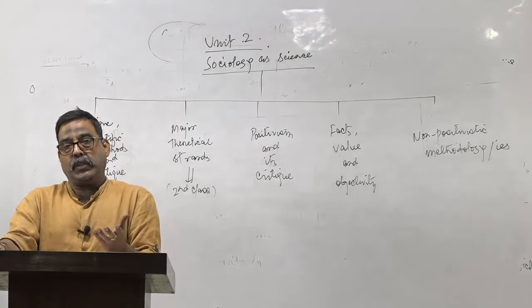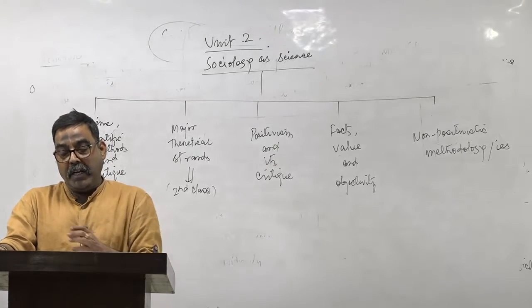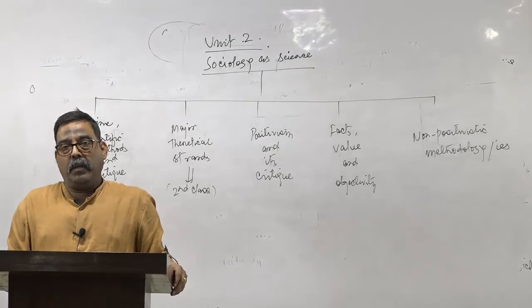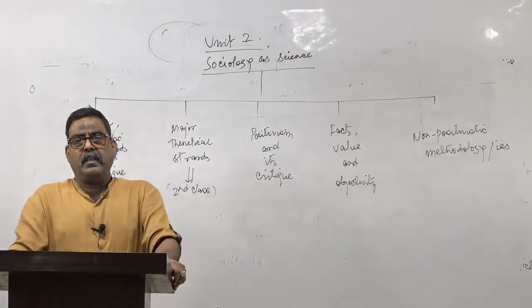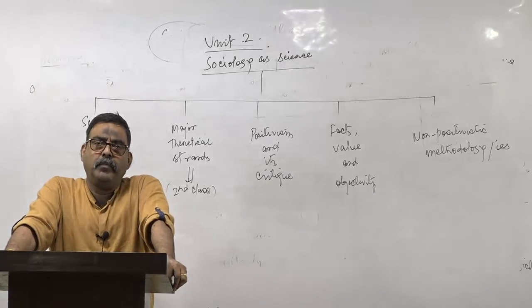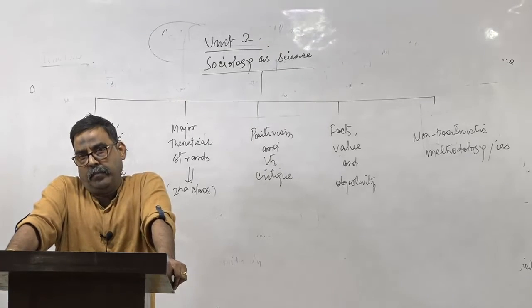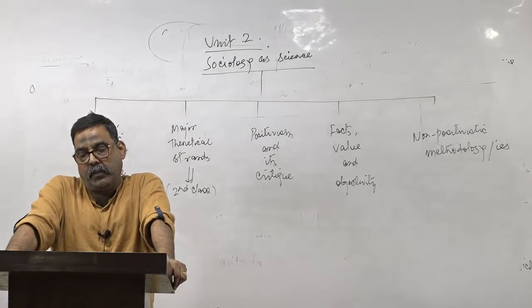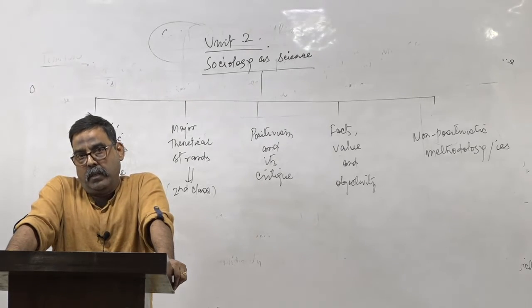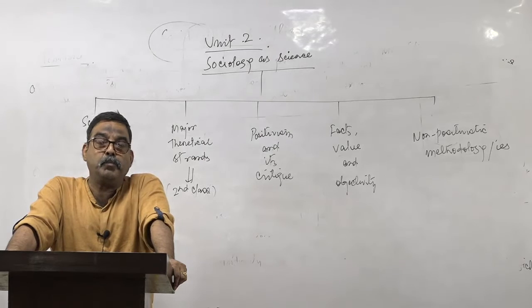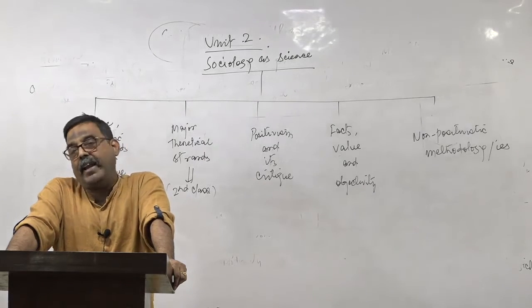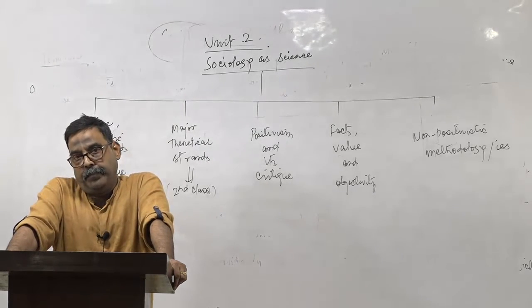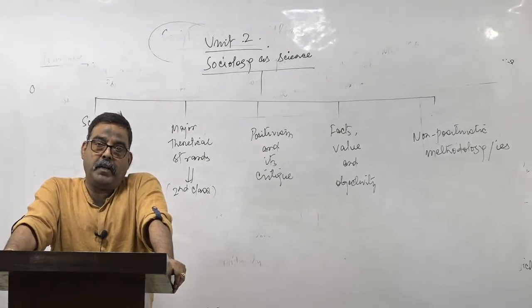And whether any discipline is a science or not, that cannot simply be answered in a yes or no. The way we have made the difference between natural versus social science, the difference is more of a degree than of a kind. These three lines you remember of mine.